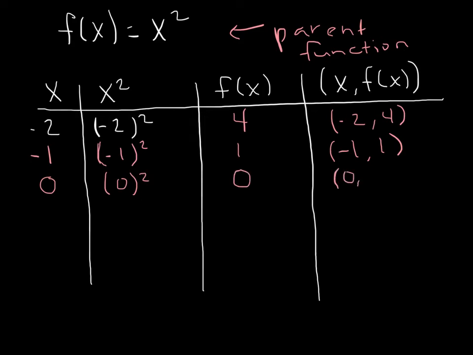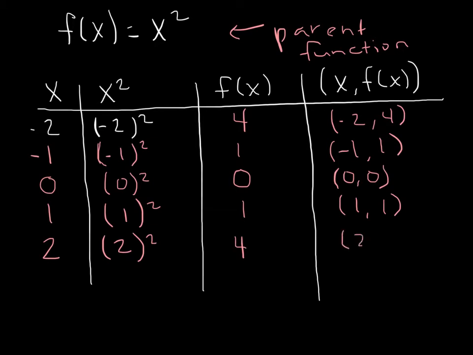So the point is 0, comma 0. Let's do another one. 1 squared gives us 1. We're left with 1, 1. And we'll do 2. 2 squared gives us 4. We get 2, comma 4.